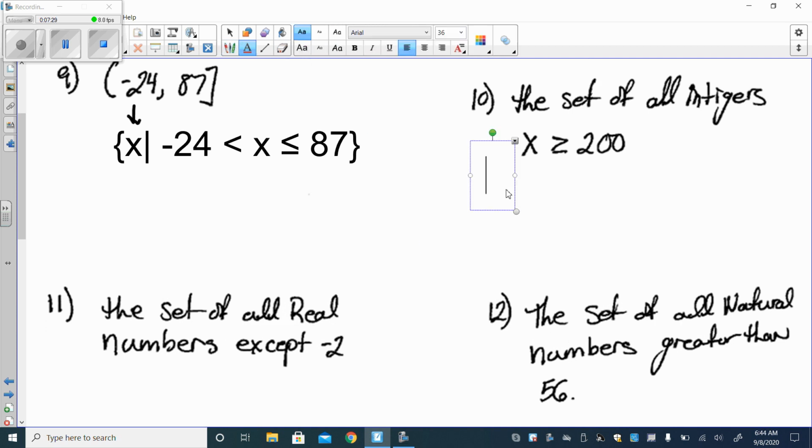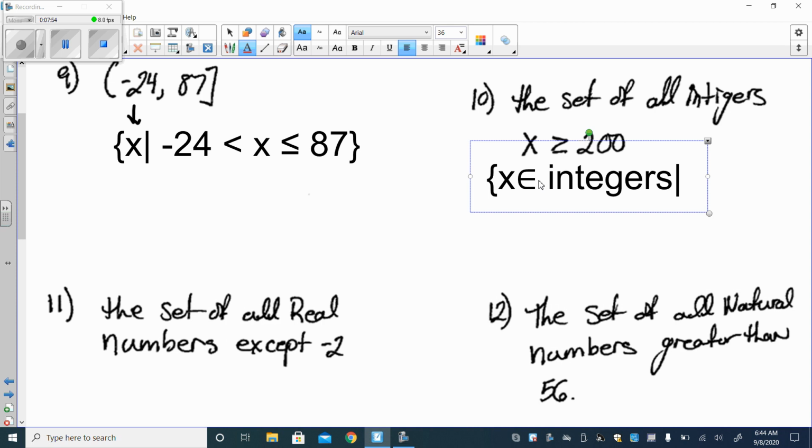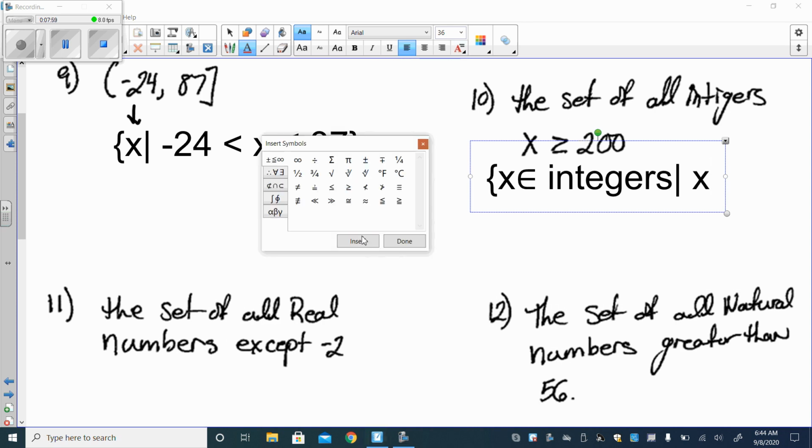Now number 10 is a little bit different because x is an integer, the set of all integers. I paused it there for a second to see if I can find the symbol, and they did have this, the element symbol, and the integers, such that x is greater than or equal to 200.